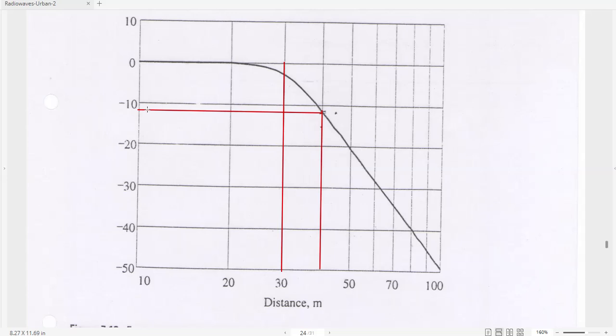If you use the ruler, you will find that this is minus 11.5 dB.